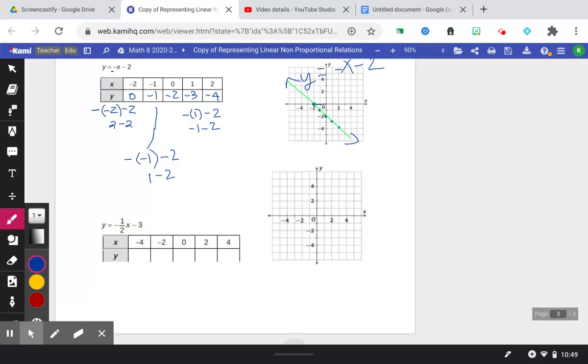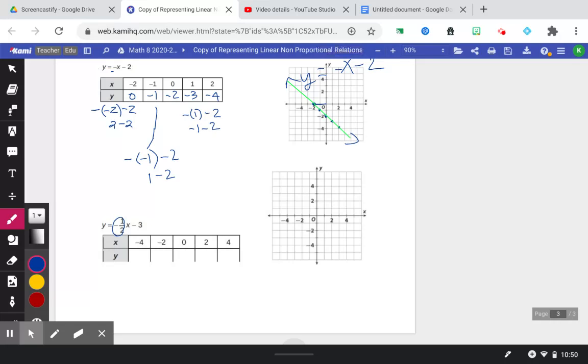Now the reason why this one is changed to negative 4, negative 2, 0, 2, and 4 is because look at what we're multiplying our x value by, a fraction. So using these even numbers, you will end up with a whole number. When you multiply by a half, you'll get a whole number, and then that way we don't have to plot points that are in the middle of the grid.